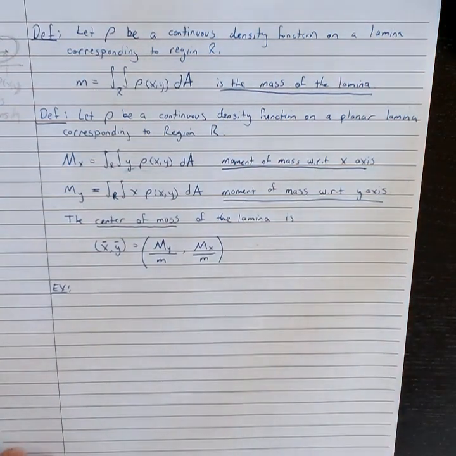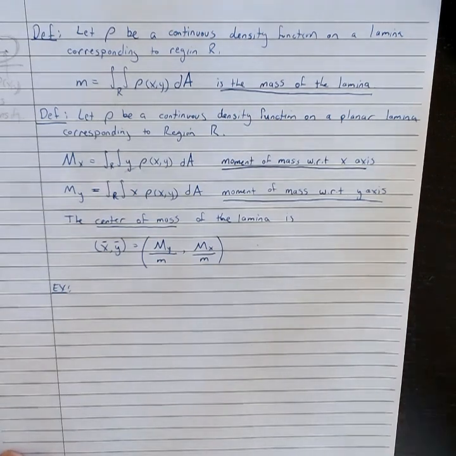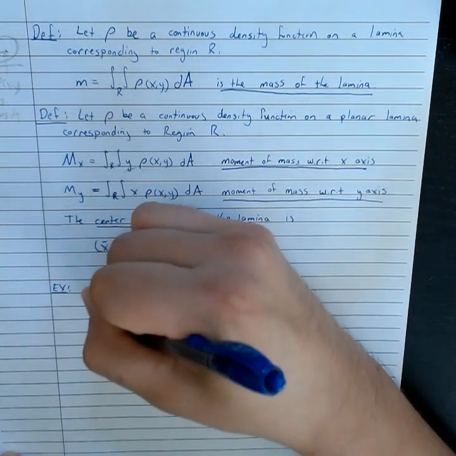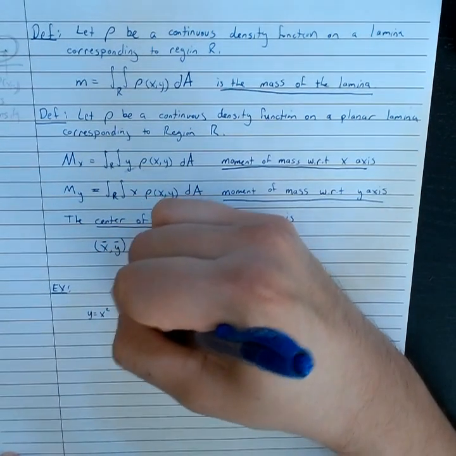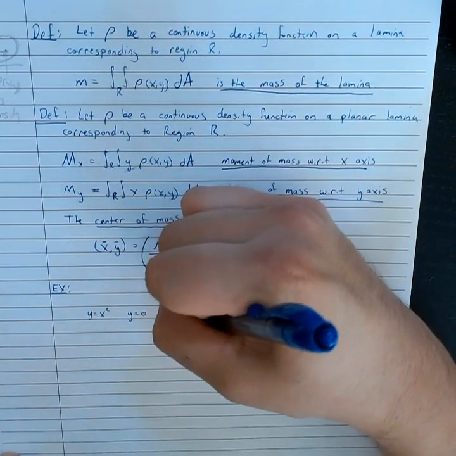Let's consider the following region. We're going to define a region as the area that's bound between y equals x squared, y equals 0, and x equals 2.